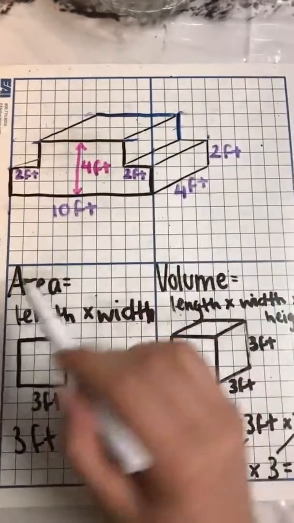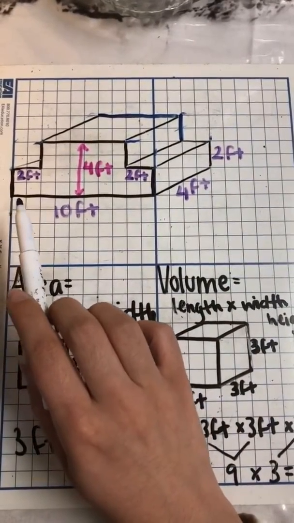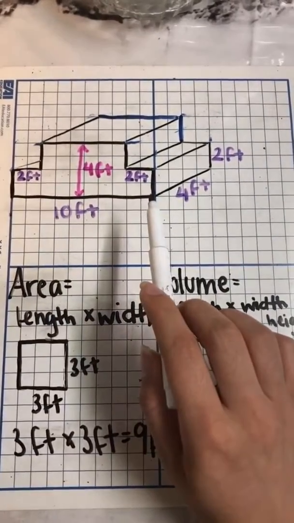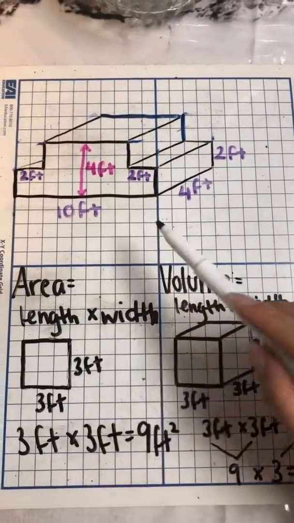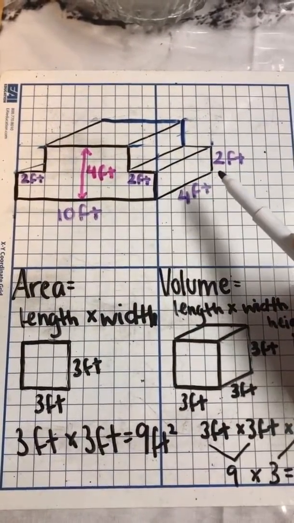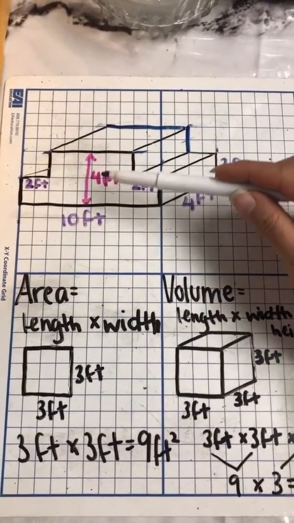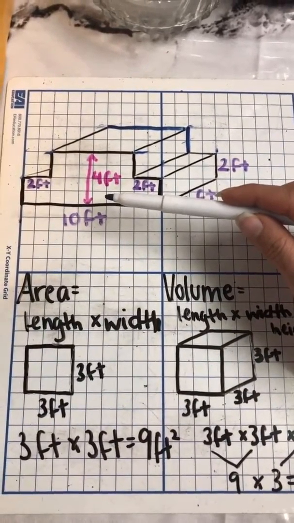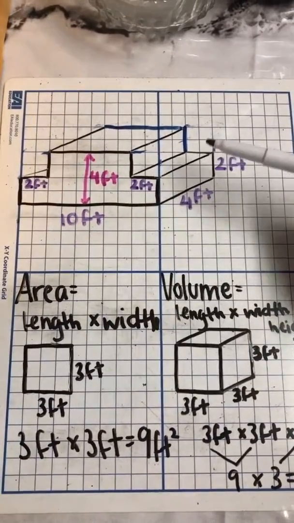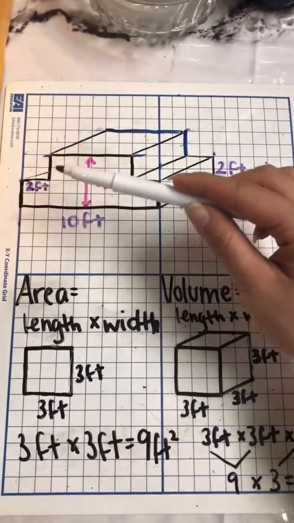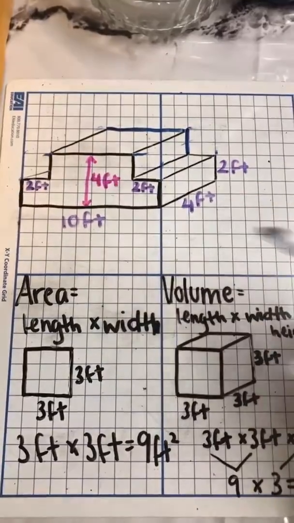This figure, they have given us the length of the entire base, the width of the entire base, and the height of the entire figure. However, we have missing parts of our regular rectangular prism.